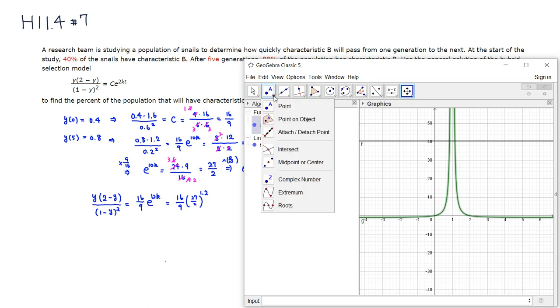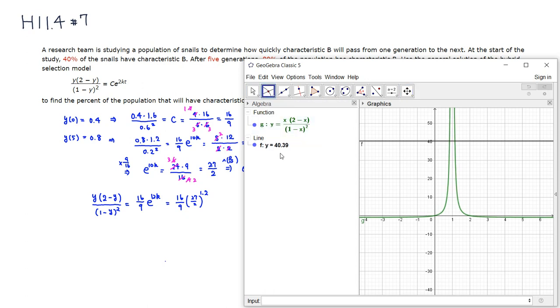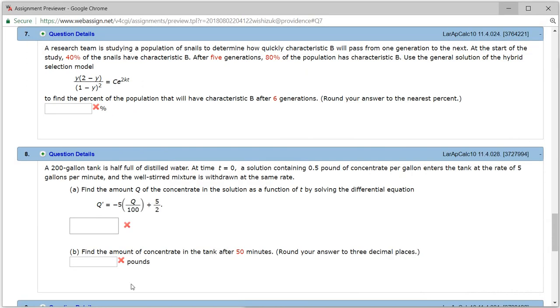So I'm going to intersect this straight line and this curve right there. All right, we found one. You can see that the intersection has x coordinate 0.84, which corresponds to the y value, because we're using x instead of y. So let's go back and type it in. So it's going to be 84%.